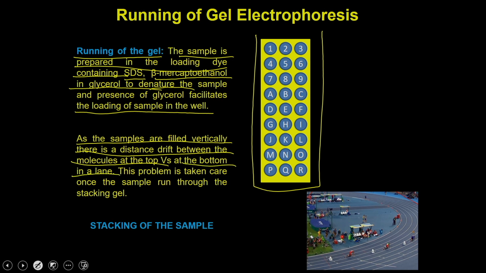So, you can imagine that this is a lane where you have different types of molecules, for example, a molecule number 3 and the molecule number R. Imagine if 3 and R are of the same molecular weight, even then there will be a drift of the distances between the two, because if you resolve them without going through the stacking of the sample, or without putting them at the same place for running, they will have a drift.